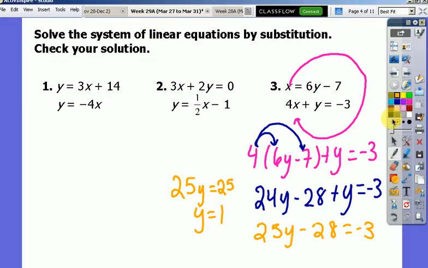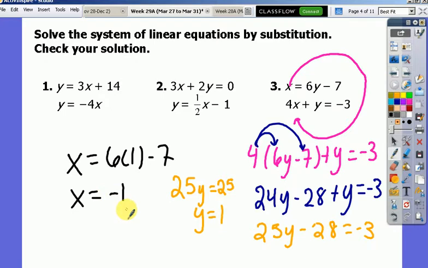Okay, so now I'm going to plug in my y. So I have x equals 6 times 1 minus 7. X equals minus 7, which is negative 1. So what's my point? Negative 1, 1. All right. Do you have any questions about that?